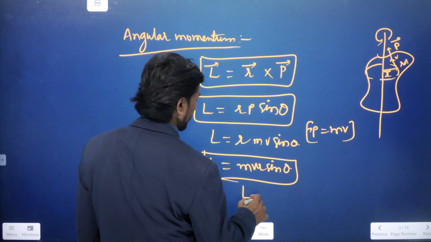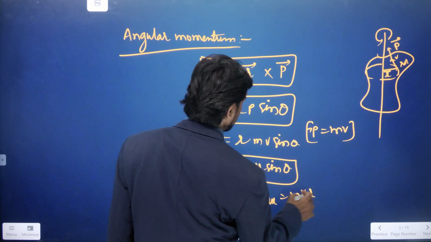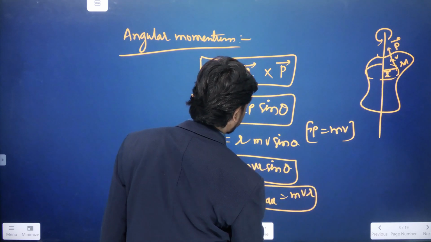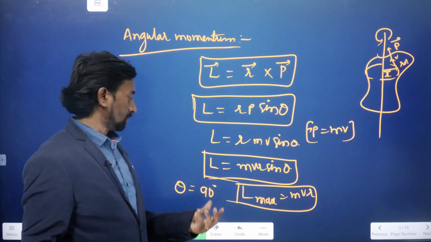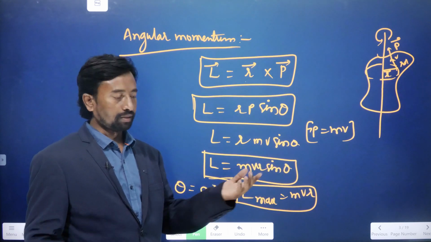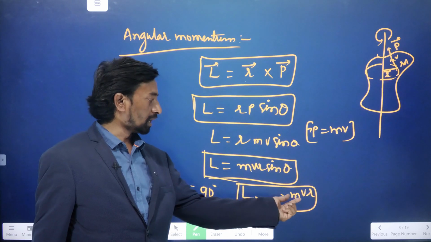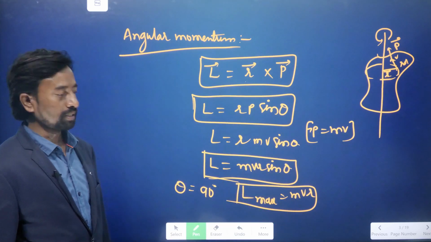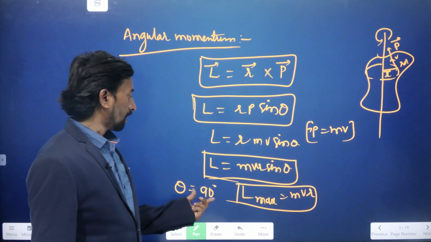Then the maximum angular momentum takes place, that is M V R. If the body is rotating with a certain velocity, at a radius, a distance from the axis of rotation, and has a mass, then the maximum angular momentum is M V R.